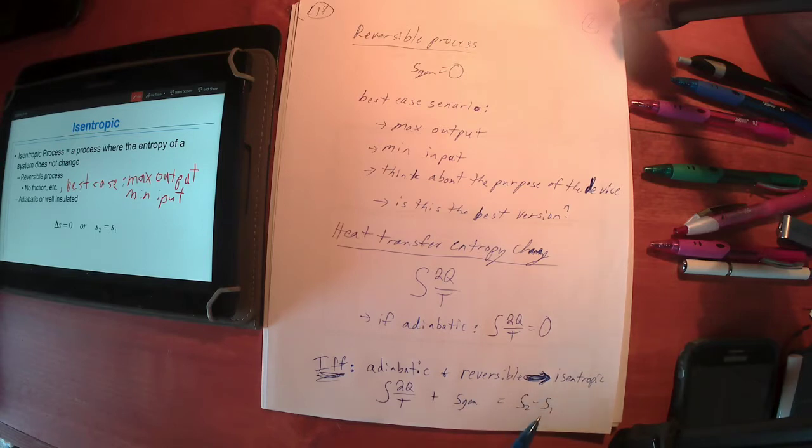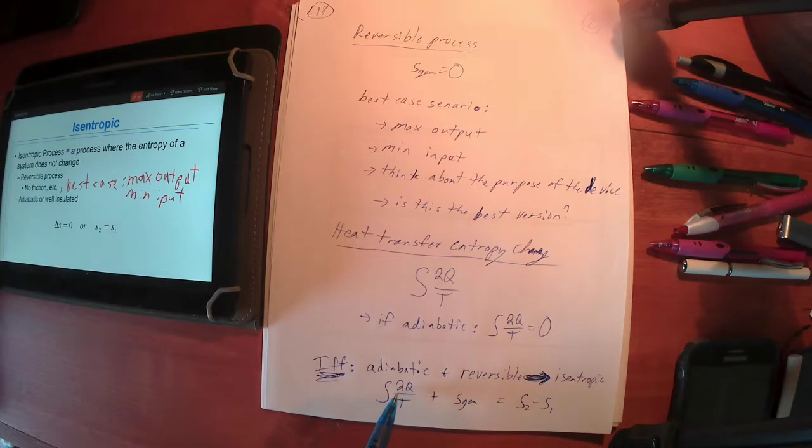Now I will tell you this, there are instances where the change is 0 and we're generating entropy. So this could be 0 and this is not 0. And how does that work? Because the entropy generation has to be positive, remember?